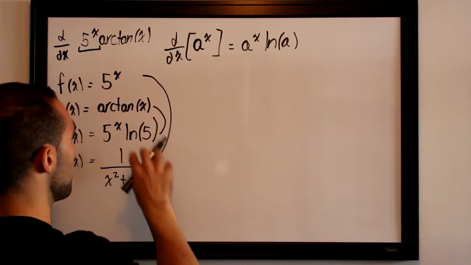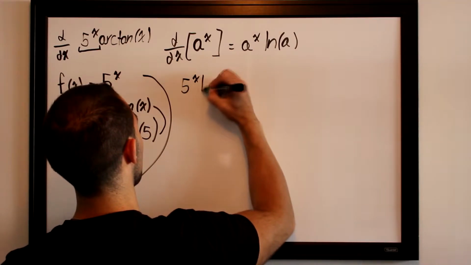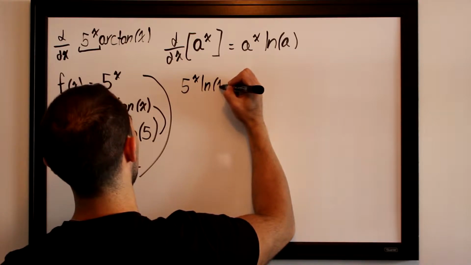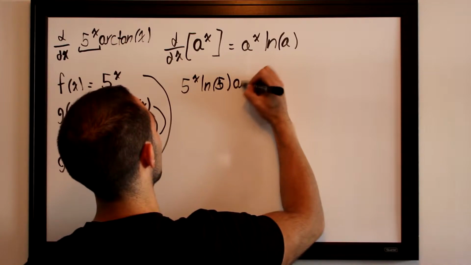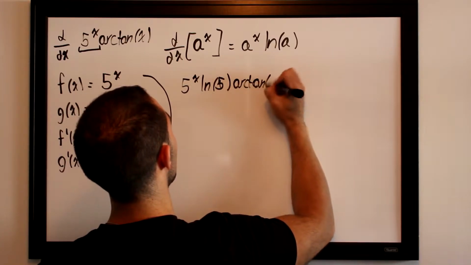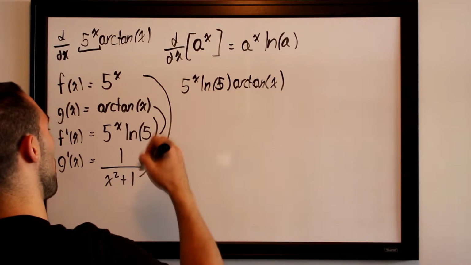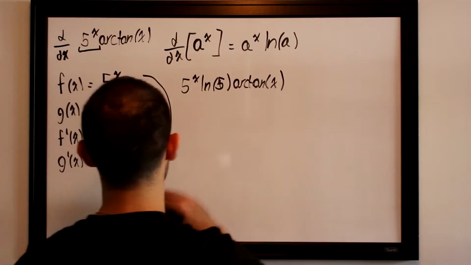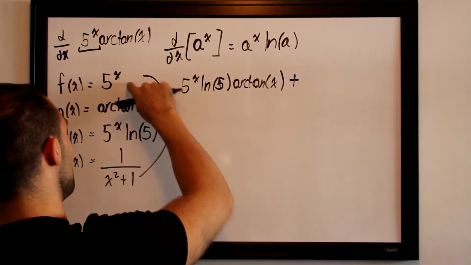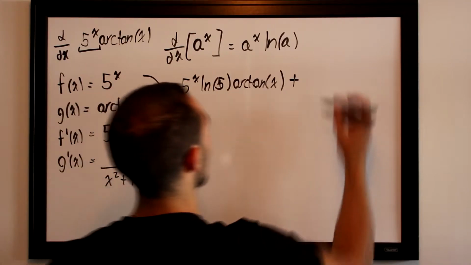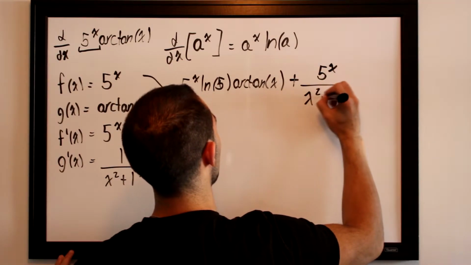So we will have 5 to the x times ln of 5, times arctangent of x, plus 5 to the x times 1 over x squared plus 1. So we can just join these together, put this on the numerator, and this will be what's left over in the denominator. So this will be 5 to the x over x squared plus 1.